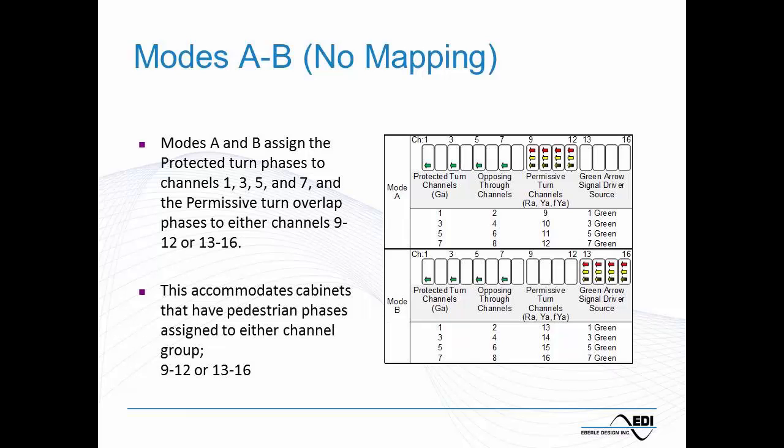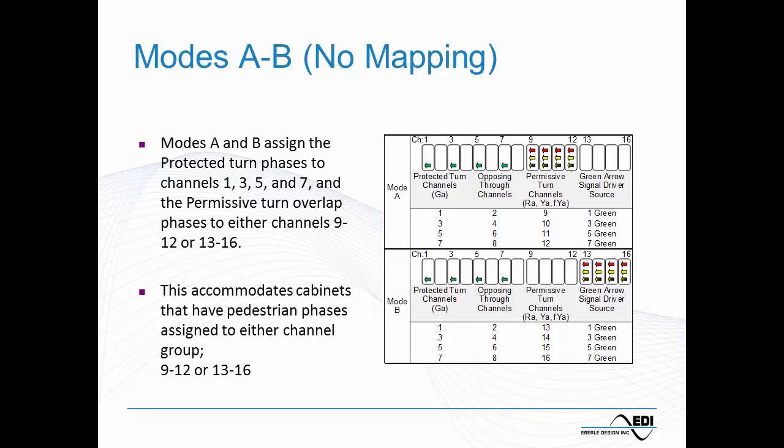So once we have this set up and configured, the signal sequence is, as you might expect, going to go from red arrow if it's a protected left turn. Let's say on phase 1, channel 13 is red, and channel 1 goes to green. Once channel 1 is in green arrow, you'll note that channel 13 will be completely dark. No red, no yellow, no flashing yellow.